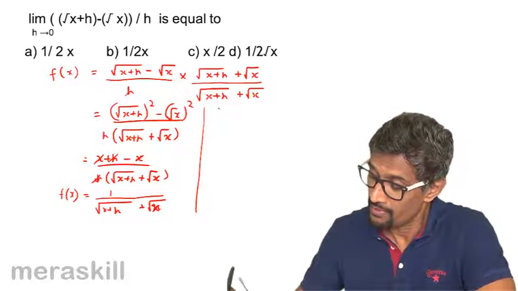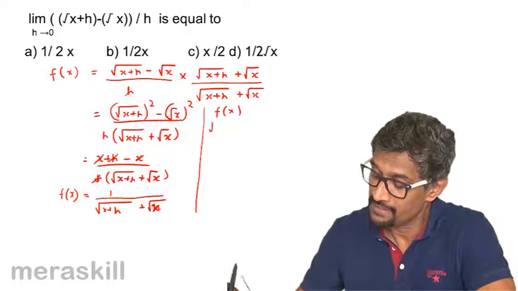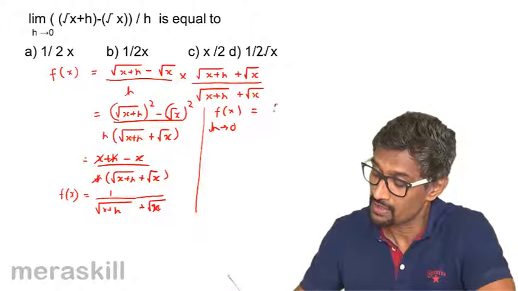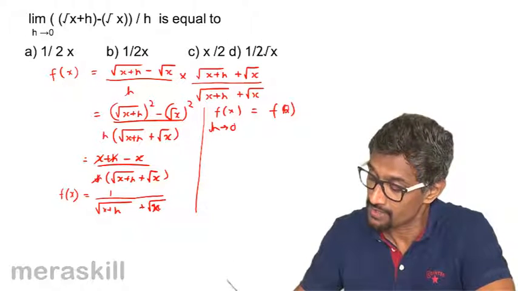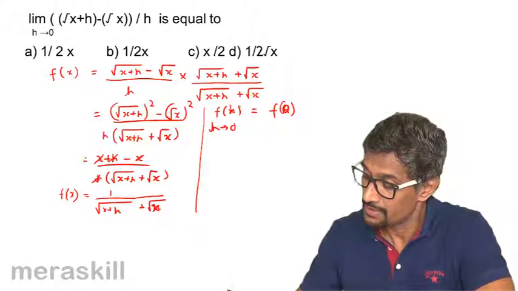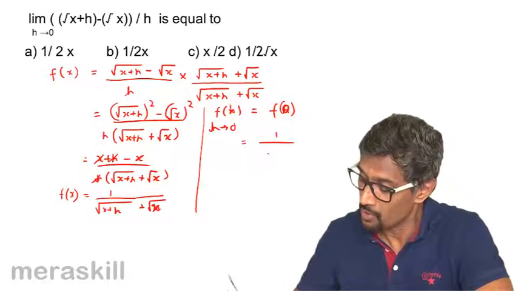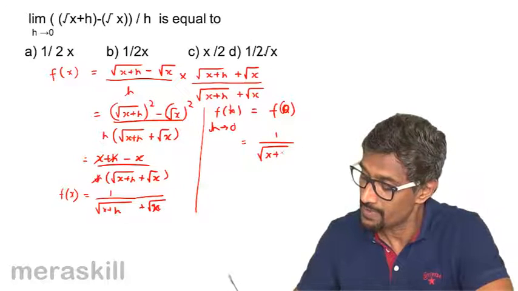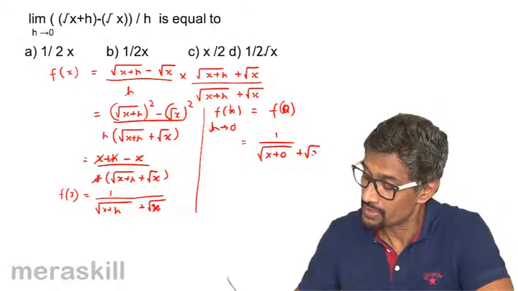So now limit of f of x as h approaches 0 is nothing but f of 0, that is taking h as 0. So it will turn out to be 1 upon root of x plus 0 plus root x.